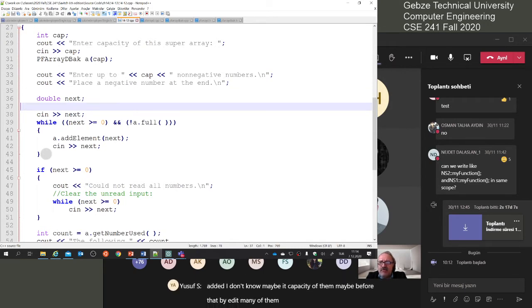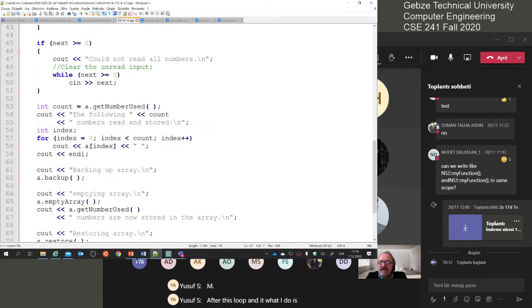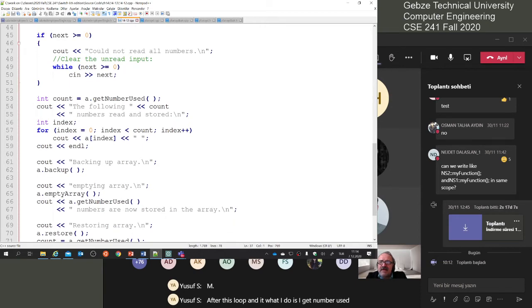After this loop ended, what I do is I get number used as a count. I have this many elements in it, and I print them out on the screen.